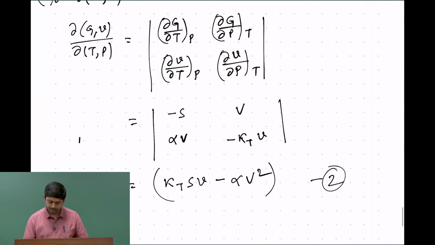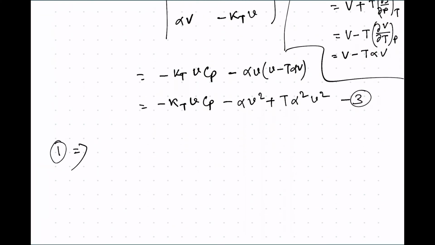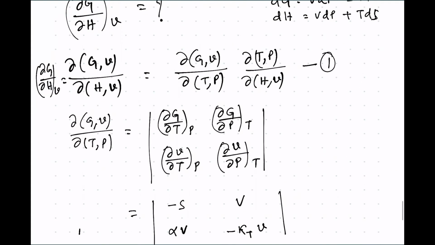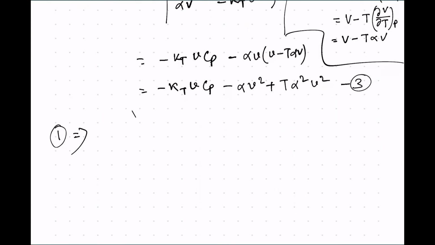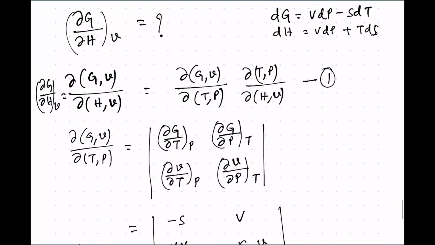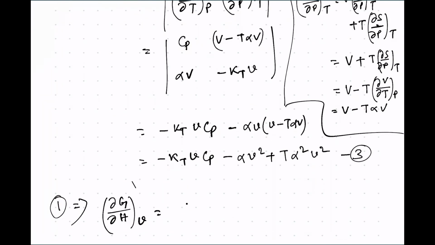From 1 we get that in order to do this particular derivative, del g by del h at a constant v, which was a product of two quantities: del g v by del T p multiplied by del T p by del h v.